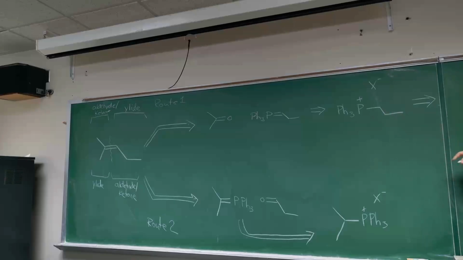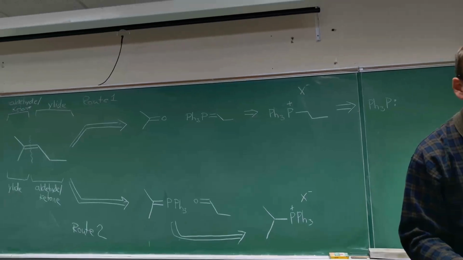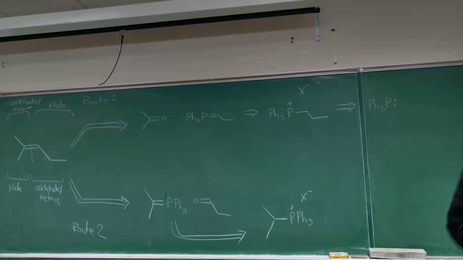And when we do that, this is what we finished up with last time, it was the last thing we talked about, phosphonium salts come from triphenylphosphine and reaction with an alkyl halide.